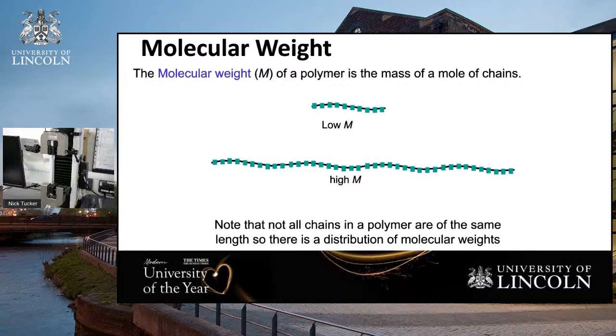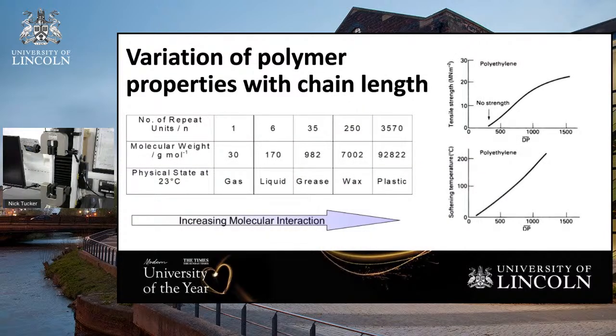The molecular weight is not constant like it is for, I don't know, salt or something like that, because the chains vary in length. So we have a molecular weight distribution, and the longer the molecular weight, in a sense, the better our properties. That's what this table shows. It shows us that the physical state changes. The monomer is a gas at room temperature.